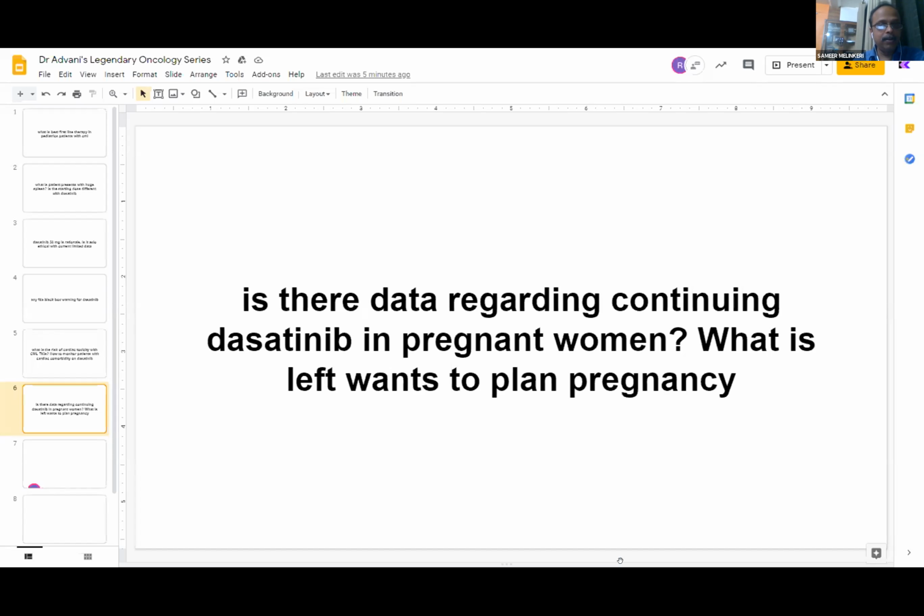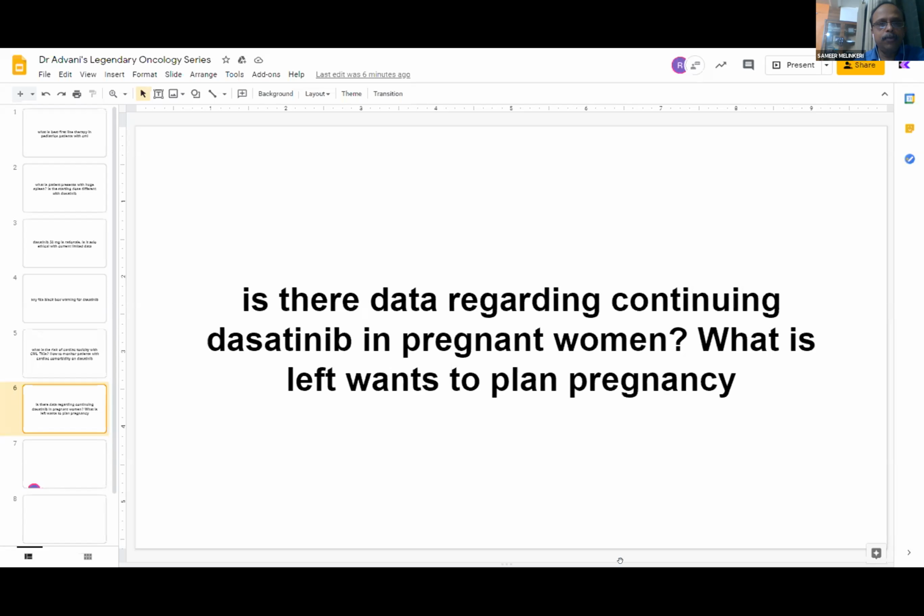I don't think there's data on continuing Imatinib in pregnant women. It is recommended that you stop it the moment a couple plans pregnancy. It is best to decide to stop the TKI and then let the lady become pregnant. For that, you need to ensure that the patient is in an excellent remission before stopping the TKI. Otherwise, it's best to delay the pregnancy.